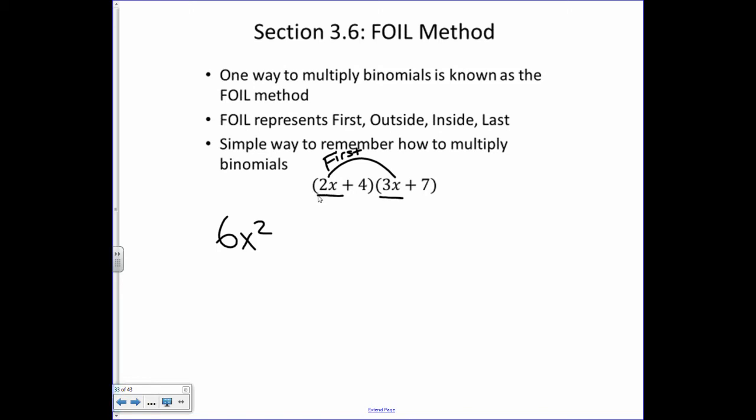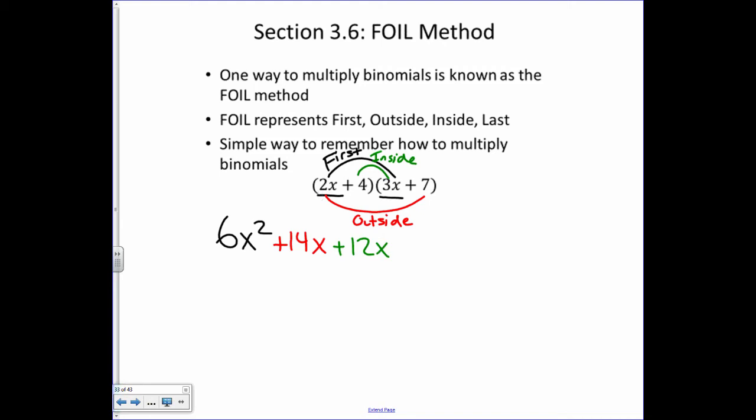Next, we want to do the outside terms. So 2x times 7. Well, 2x times 7 is plus 14x. Then we want to do the inside terms. 4 times 3x, well, 4 times 3 is 12, so that's plus 12x.